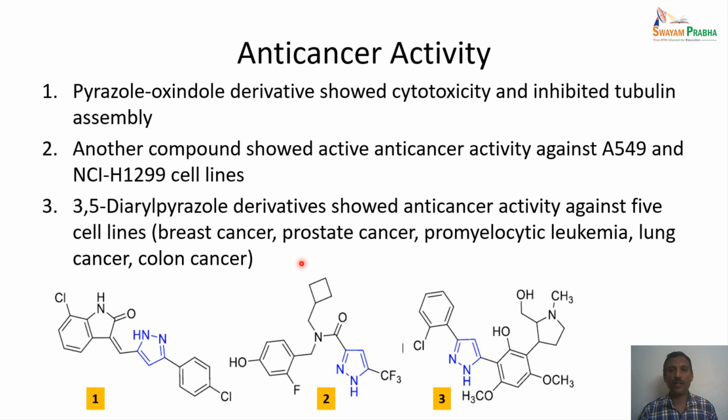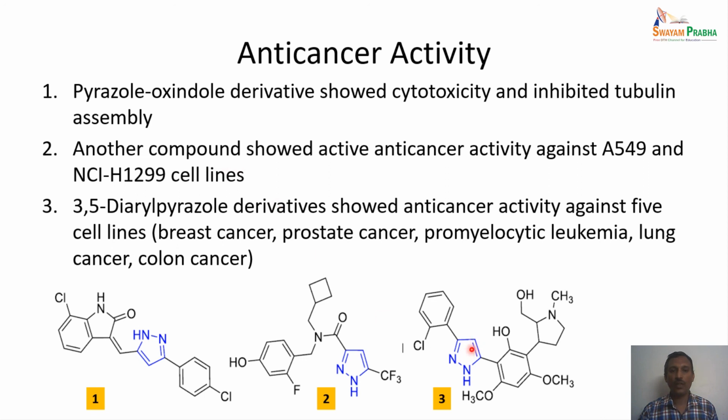And when we look at the anti-cancer activity, the pyrazole oxentol derivative as shown here has some cytotoxicity, and it inhibited tubulin assembly. When we look at compound 2, this is active against the A549 cell line and the NCI H1299 cell line. This again shows very high anti-cancer activity.